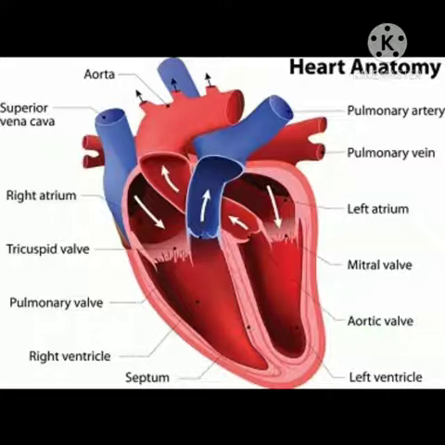Thus, the blood again becomes oxygenated. In this way, the whole process is repeated again to ensure continuous flow of blood in the body. This is how the blood circulates in our body.